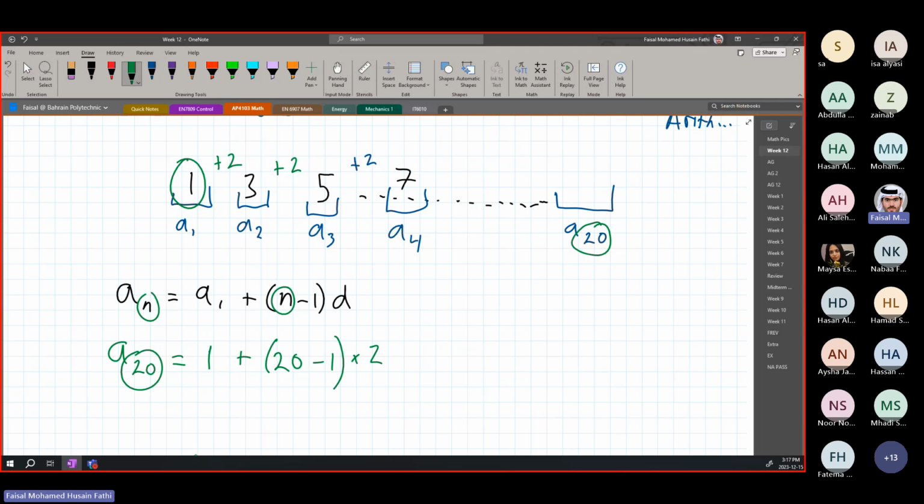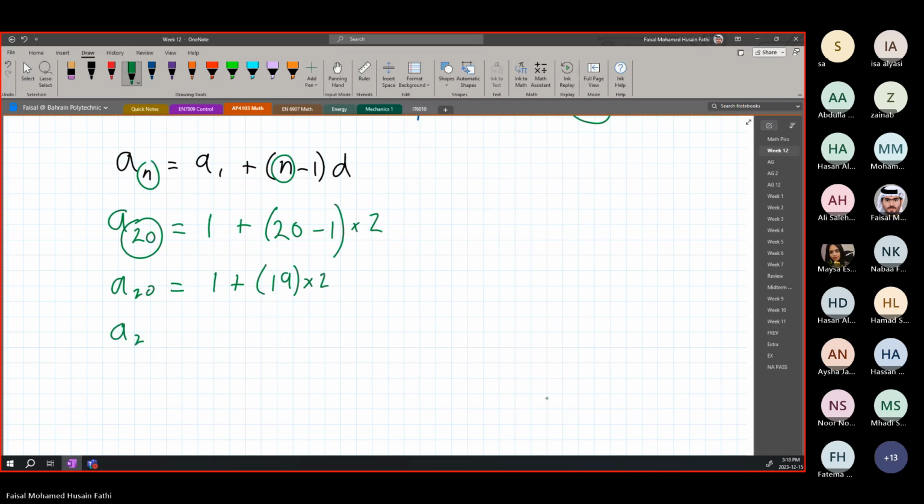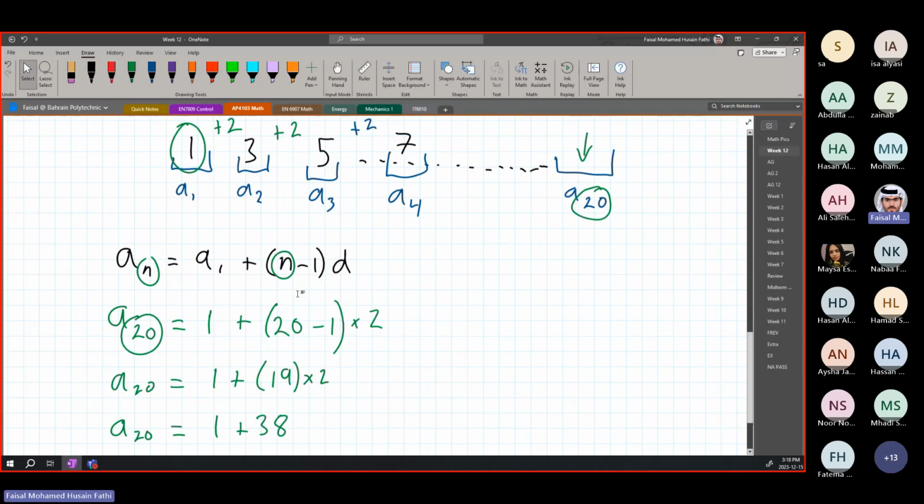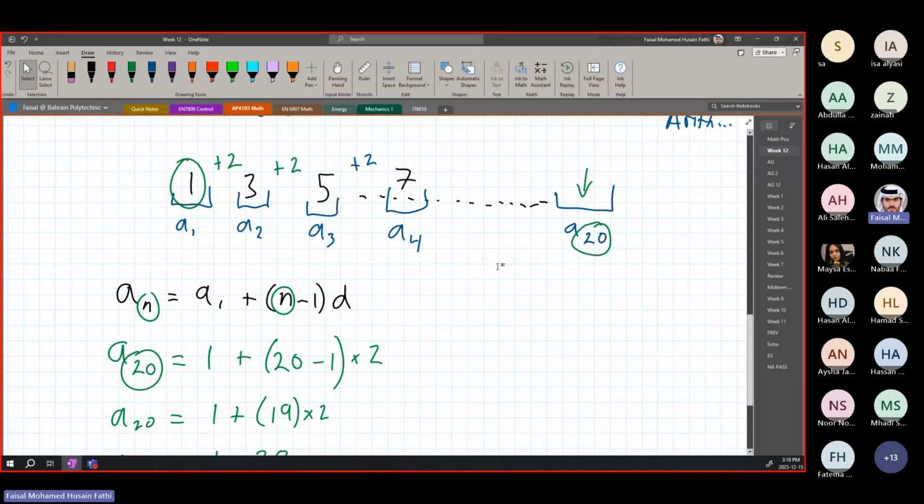Now you can find the 20th term instantly by solving this equation. A20 is equal to 1 plus 20 minus 1, that's 19, times 2. 19 times 2 is 38. If I'm not mistaken, yep, 38. So the 20th term is simply 39 without having to add every single digit.